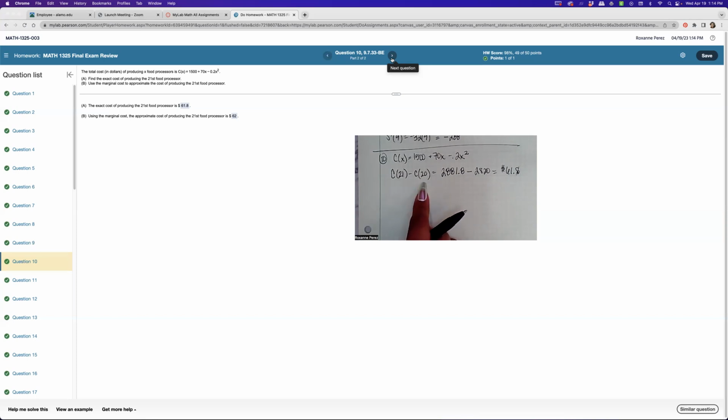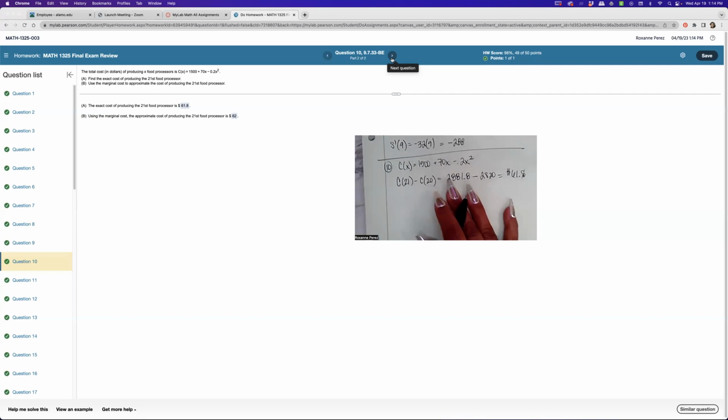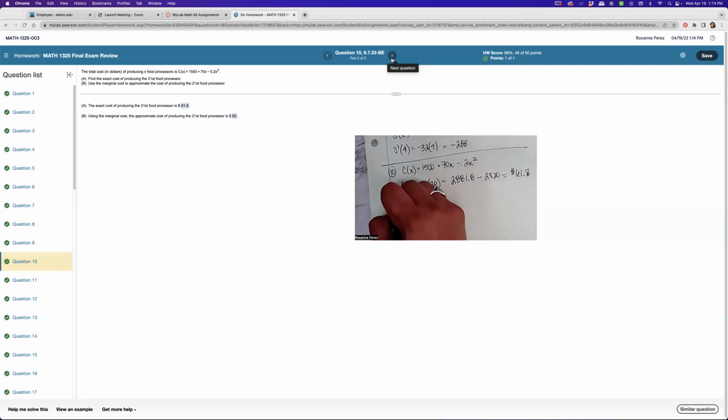I want the exact cost of producing just the 21st unit. So I take the cost when all 21 units are produced minus the cost when the first 20 units are produced.